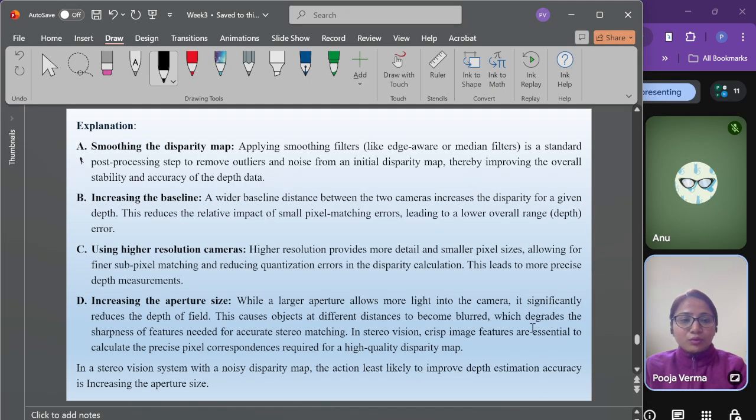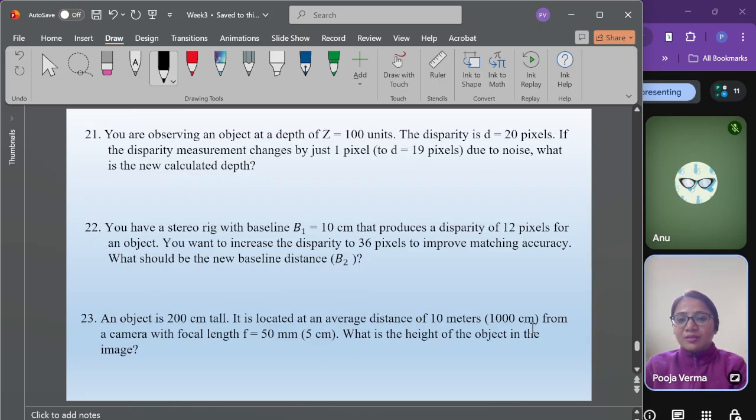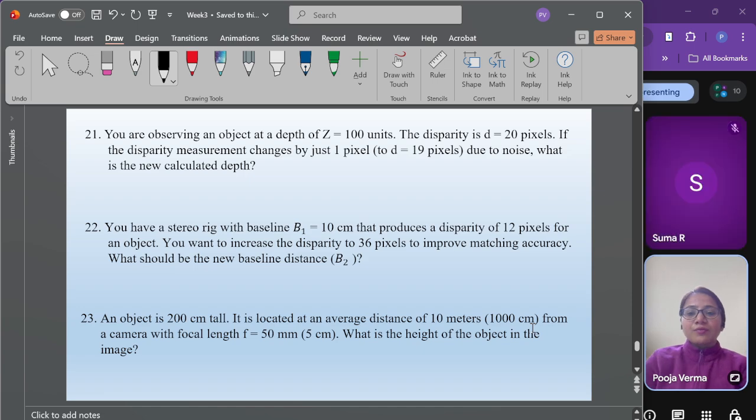Okay, so now again we will solve some numerical problems. Already we have seen a lot of theoretical questions. Now we will do some more numerical problems based on the same concepts. So the next question is, if you are observing an object at a depth of Z equal to 100 units, the disparity is d equal to 20 pixels.